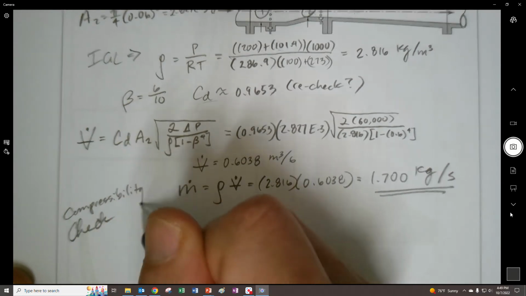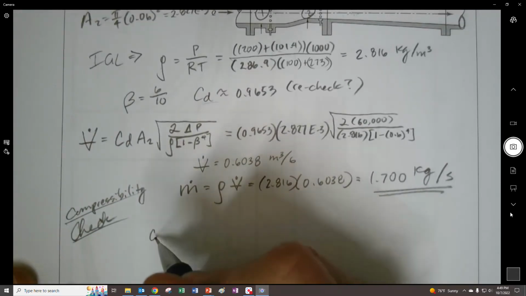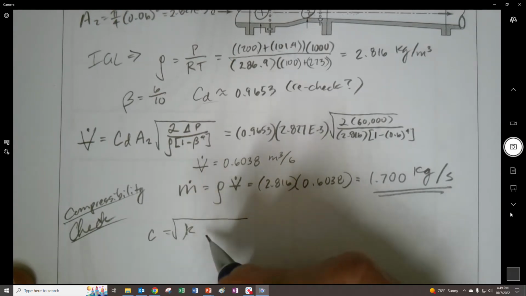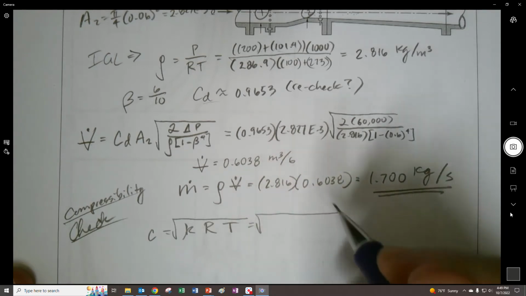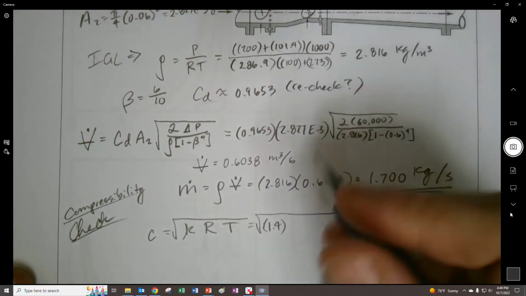Compressibility, spelled something like that. Well, we need the speed of sound. So for a gas, it's going to be the square root of k, the specific heat ratio, times the gas constant times temperature. For air, that's pretty standard, 1.4. You could memorize it. Why not?